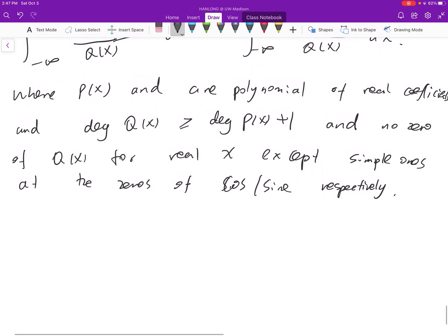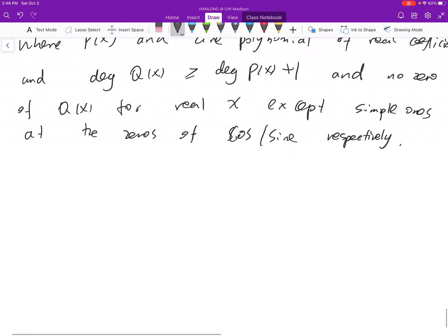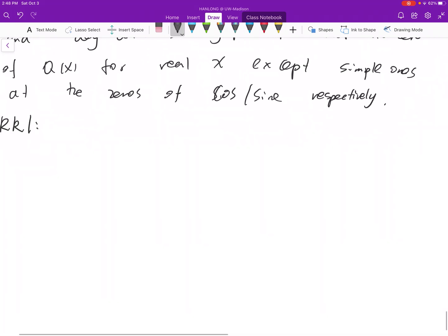So here you actually have very subtle places. Let's explain one by one. Firstly, why real coefficients?